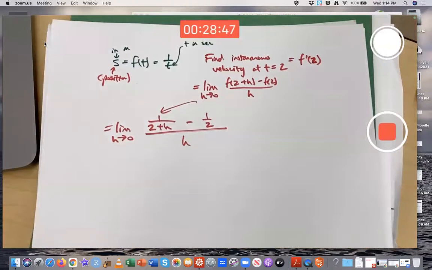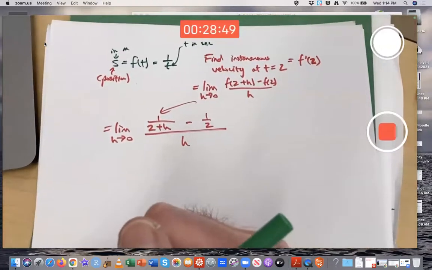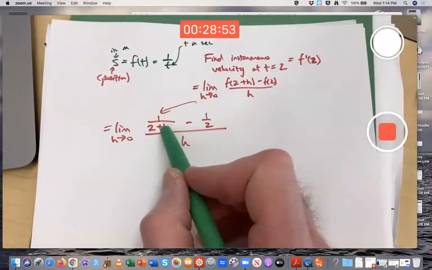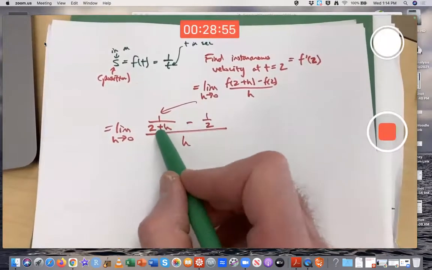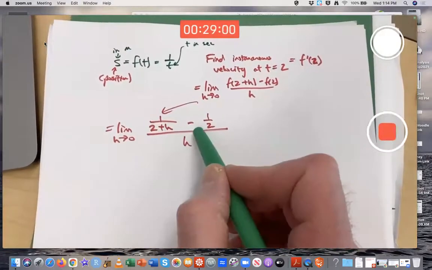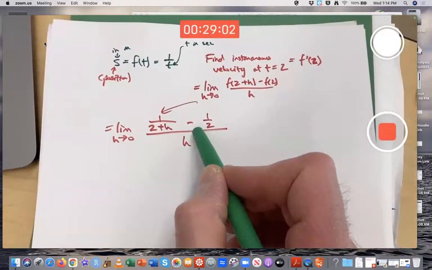You can solve this. There's a couple different ways to think about it. You could get a common denominator of 2 times, in parentheses, 2 plus h for these fractions in the top, and then subtract them once you've got a common denominator before dividing by h.